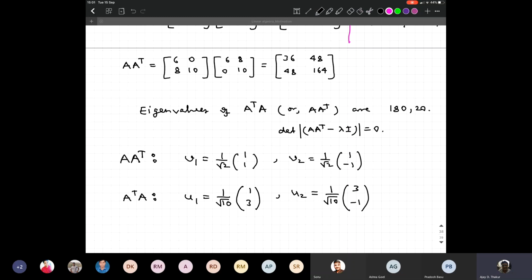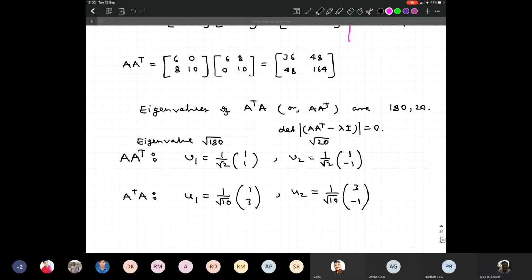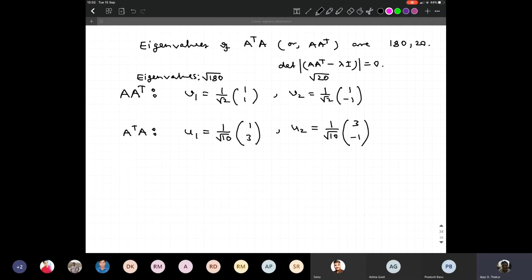As soon as you obtain these eigenvalues and eigenvectors, what we are talking about is eigenvalues root 180 and root 20, and they will correspondingly have eigenvectors along the columns here as 1 over root 2 (1, 1), 1 over root 10.